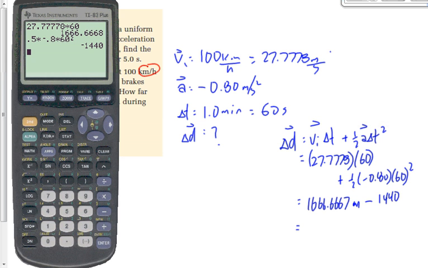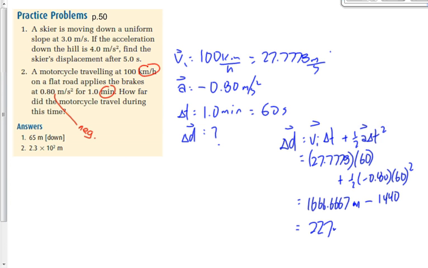Now let's say 1666... I get 227, which is what they got, right? They have 2.3 times 10 to the 2. It's the same thing. They just rounded it to 2 digits instead of 3 digits, that's all. Which really it should be.